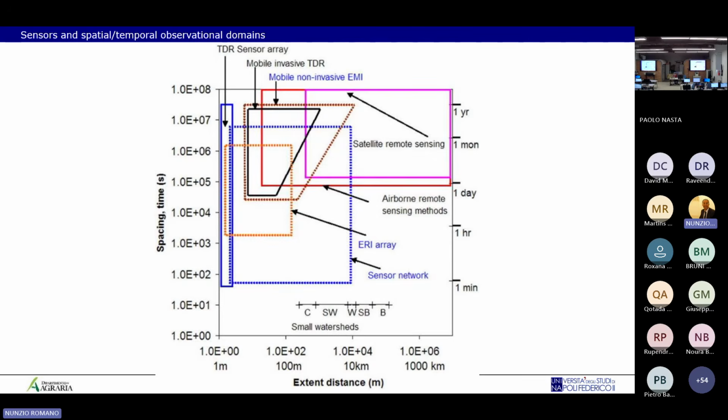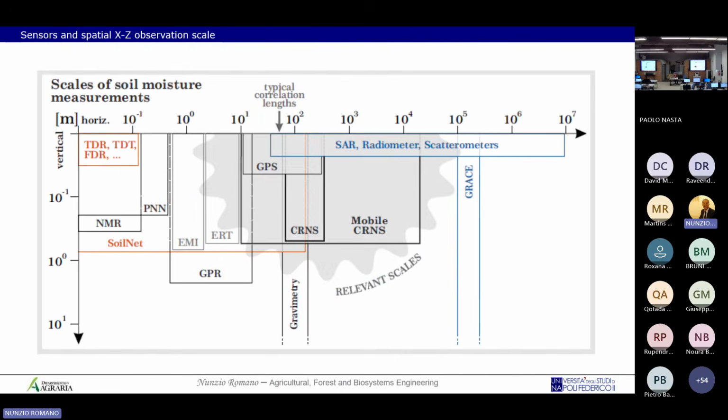In the previous picture, we showed time versus distance, but in this slide you can see how the different measuring methods integrate when you have the horizontal axis with the vertical, the soil depth.